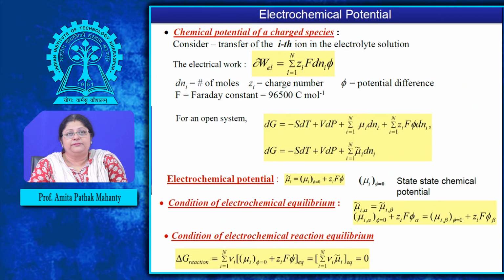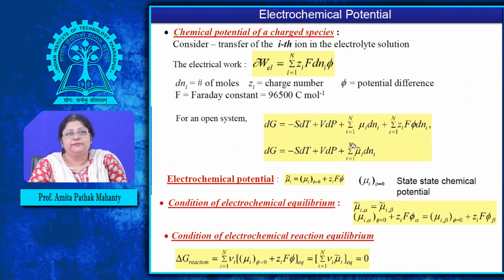That is how we find out the delta G, or the work done. If it is an open system, delta G is nothing but minus S dT plus V dP, plus, for an open system, you have to take into account the chemical potential of the species into the change in number of moles of that species.